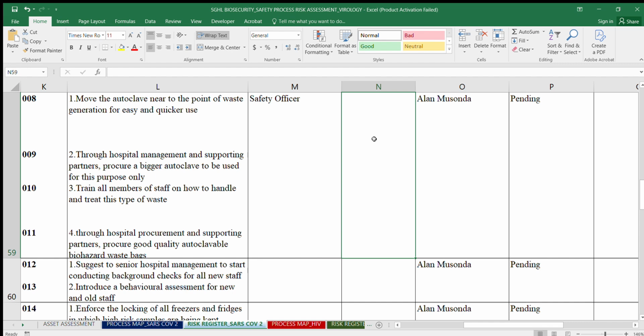Time frame, you have about 4. Maybe if you have all these 4 as your preventive action, you're going to have maybe a longer time frame. For each of them, you're supposed to put a time frame.